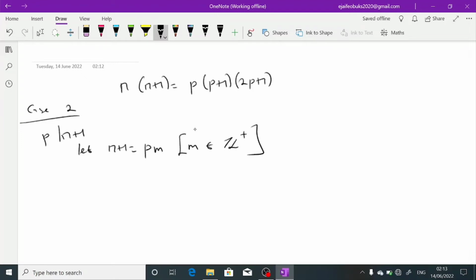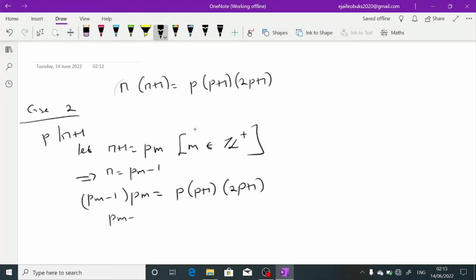And I can substitute here. Then n is pm minus 1 automatically, so I have pm minus 1 times pm equals p plus 1, 2p plus 1. Dividing through by p, I have pm minus 1 times m is p plus 1, 2p plus 1. Expanding as usual, I have then 2p squared plus 2p.